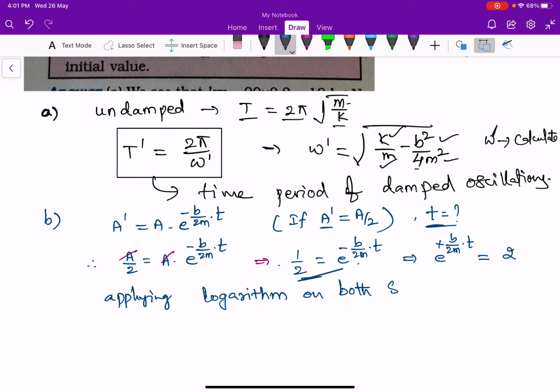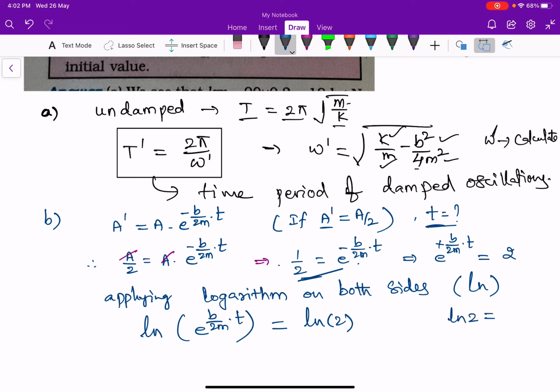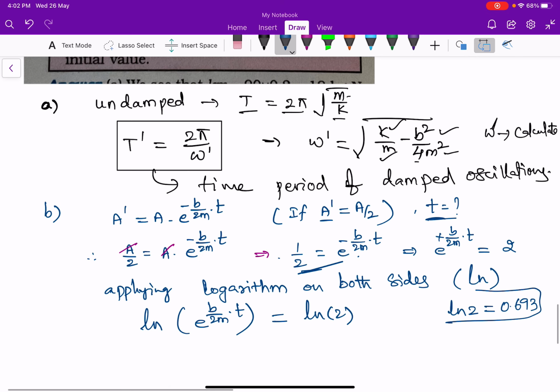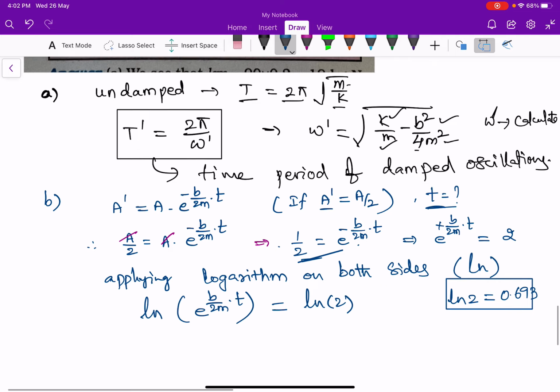Natural logarithm is nothing but ln, so I am applying ln on both sides. ln e power b by 2m into t is equal to ln 2. Here you can calculate the ln 2 value using a calculator. It is 0.693. Therefore, ln 2 value is 0.693.